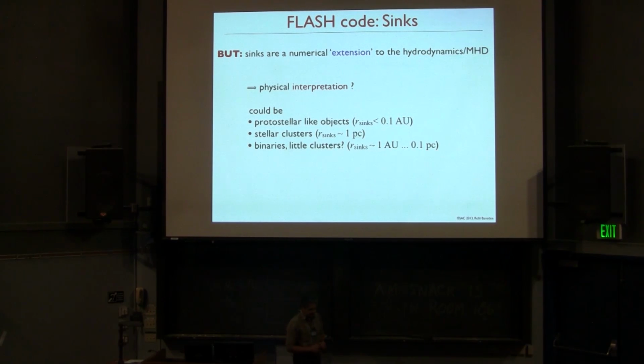It's not very different, but there are different ways to implement them. Of course, an infinitely small particle doesn't help you much, because you want to be connected to your hydrodynamics. So somehow you have to come up with a recipe to assume a certain size of influence for your star particle.